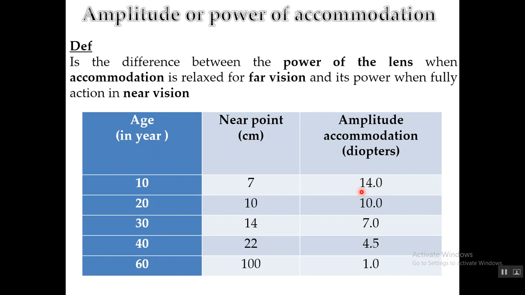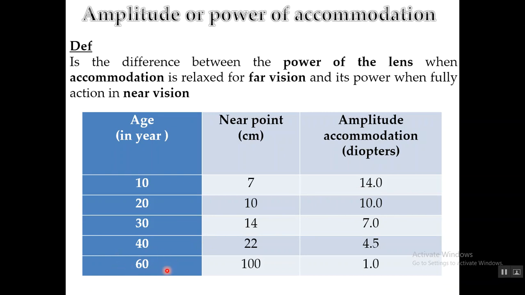This means the power of the lens at far point is 20 diopters, but at near point it is 34 diopters. The difference between them is 14 diopters, and this is the power.